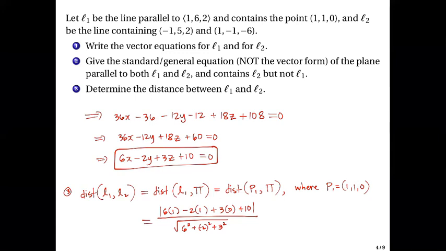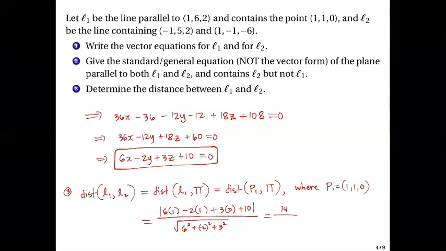So we simplify the numerator. You have 6 minus 2, that's 4. And then here plus 10, that's 14 in the numerator. It's positive, so we can remove the absolute value.